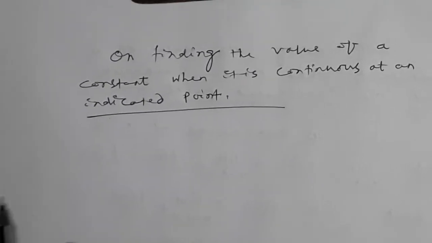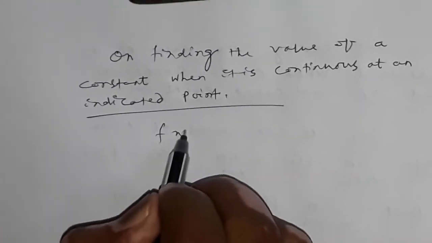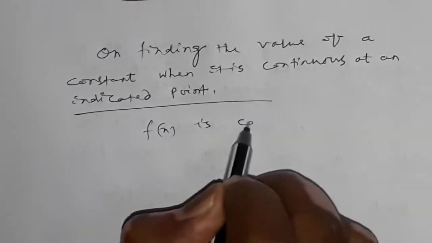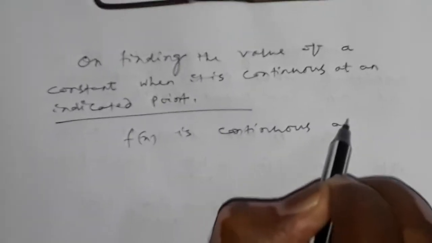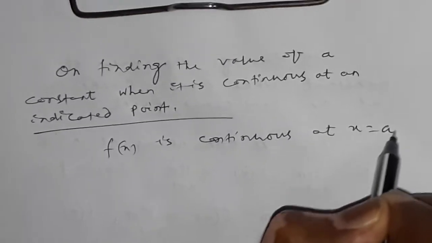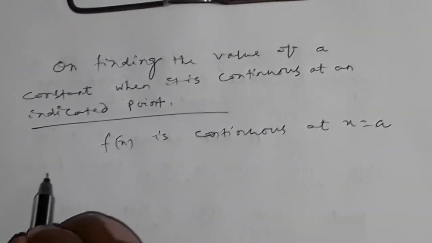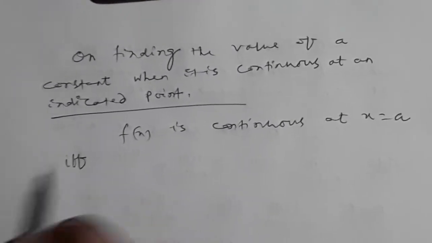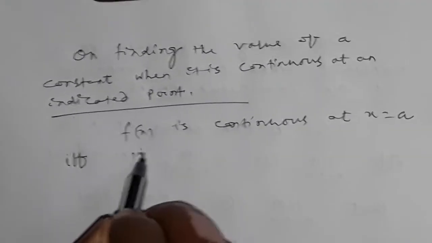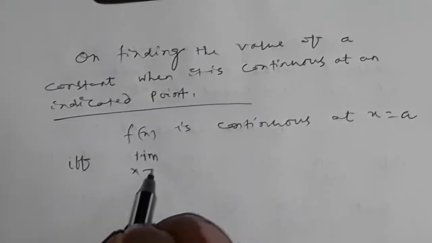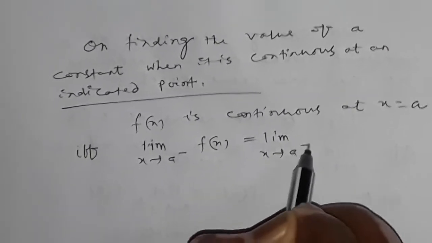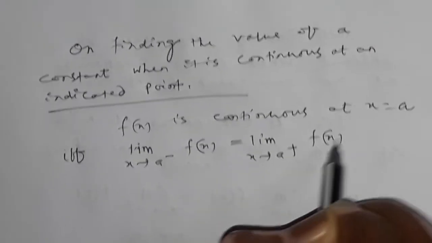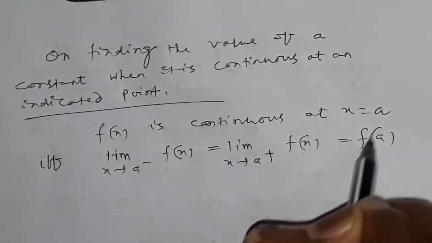A function f(x) is continuous at x equals a if and only if limit x tends to a minus of f(x) equals limit x tends to a plus of f(x) equals f(a).